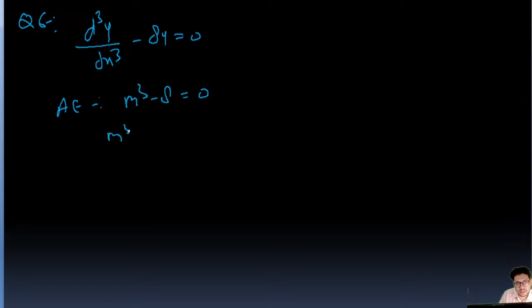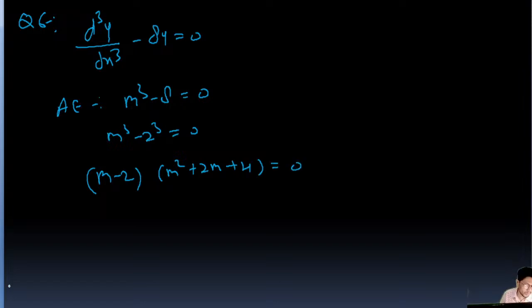or we can write m cube minus 2 cube equal to 0. We'll use the a cube minus b cube formula. So this is going to be (m minus 2) into (m square plus 2m plus 4) equal to 0. So m minus 2, we will solve the other by Sridharacharya formula, right? This is going to be minus 2 plus minus square root of b square minus 4ac, that is 4 minus 16, upon 2.